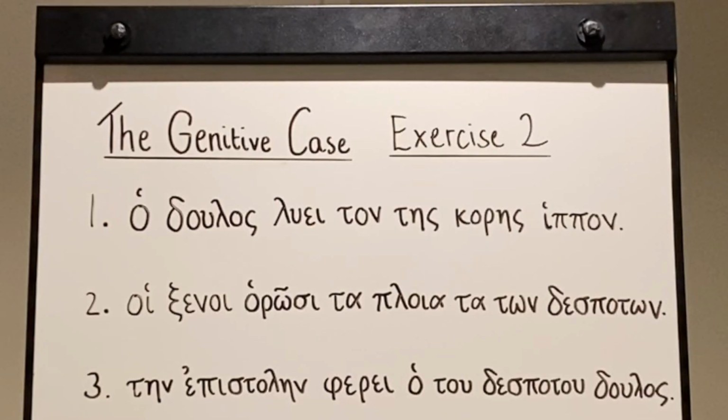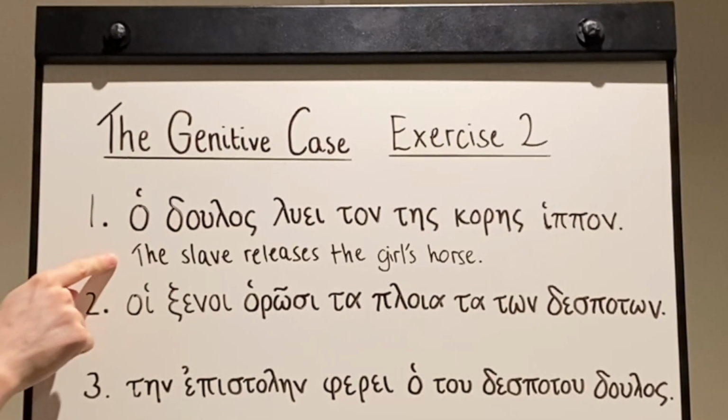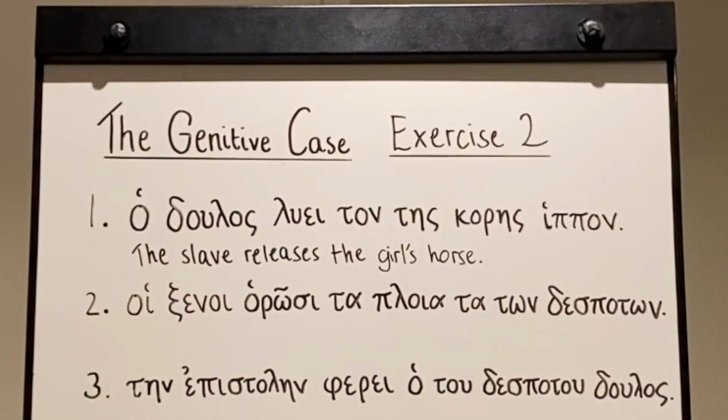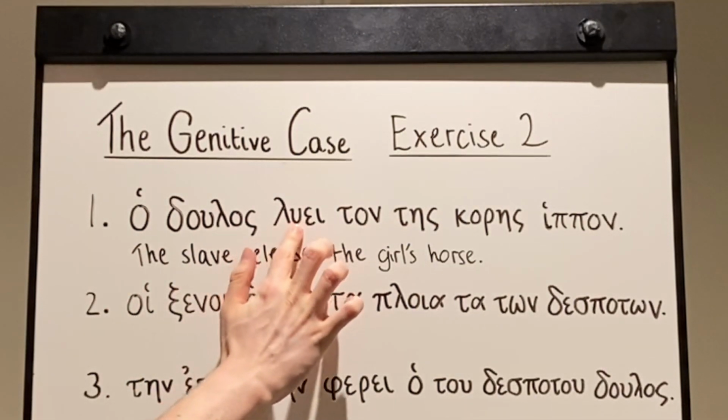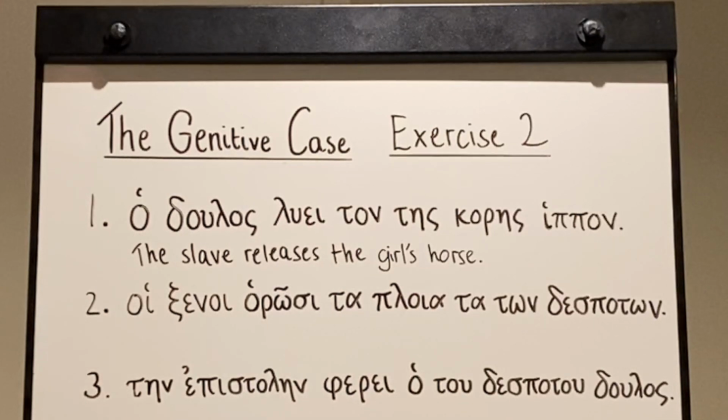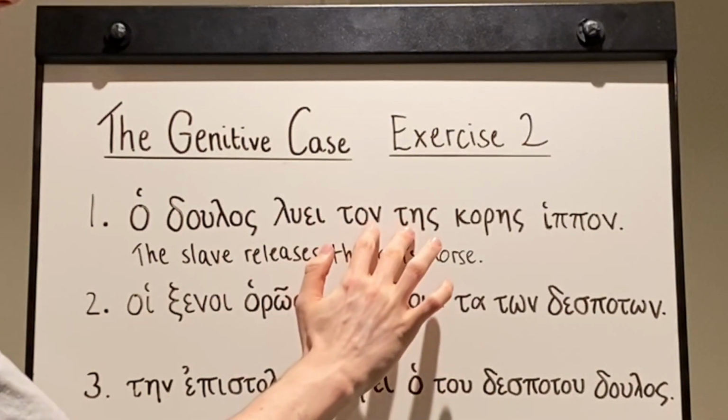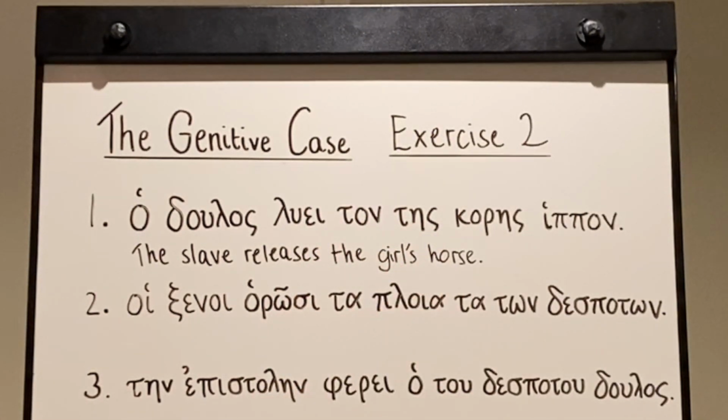The first one was ho doulos luei tēn tēs korēs hippon. And this should have been translated as the slave releases the girl's horse, or the slave is releasing the girl's horse. Remember, with present tense verbs, you can either say does that thing or is doing that thing. We knew it meant that because we've got the slave in the nominative here, which we know from the definite article. Then we've got the verb releases in the third person singular. Then we've got 2 definite articles next to each other, but we've got no repeated definite article.